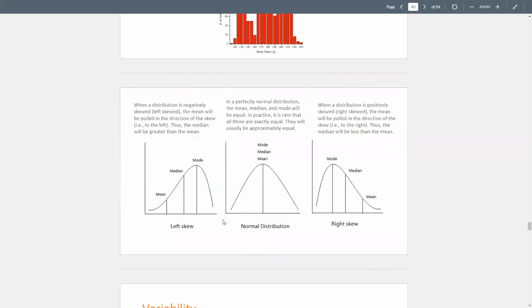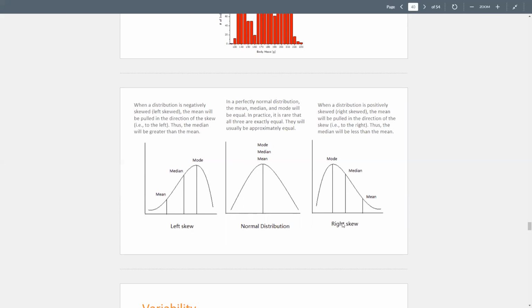If you have a perfectly normal distribution, the mean, median, and mode will be perfectly aligned. So that's one way to present all three numbers. You can kind of tell whether the distribution is normally distributed or not. With a left skew, you see that the mean is pulled towards the direction of the skew.